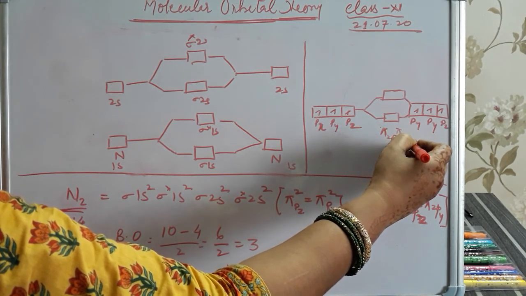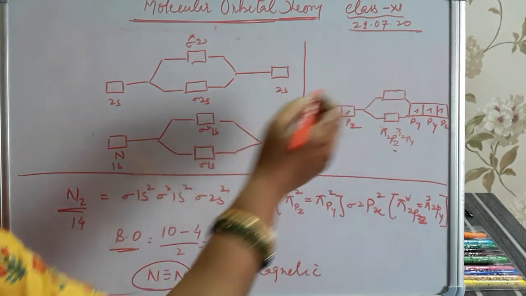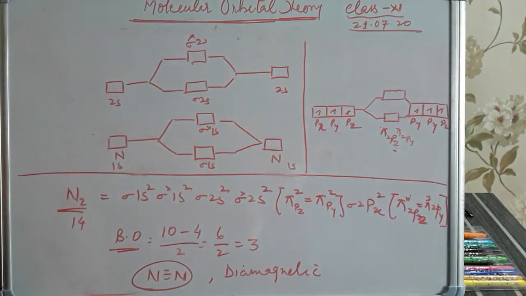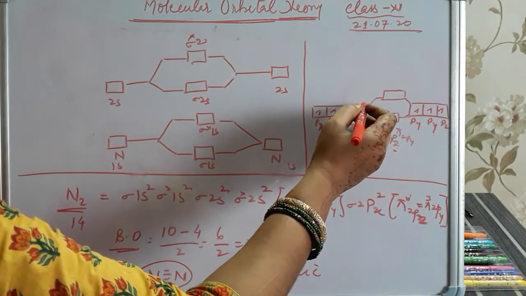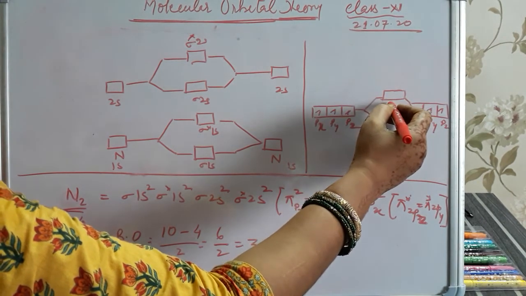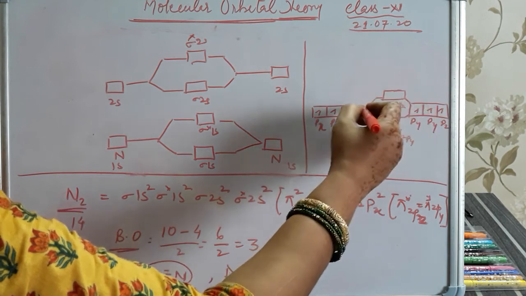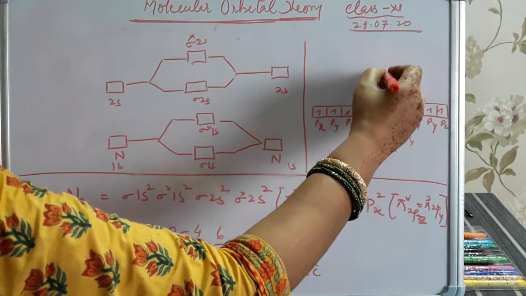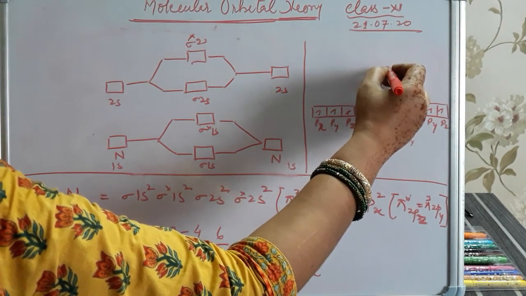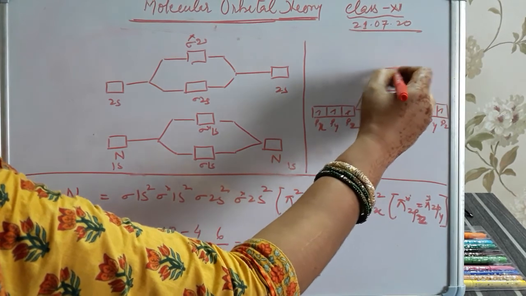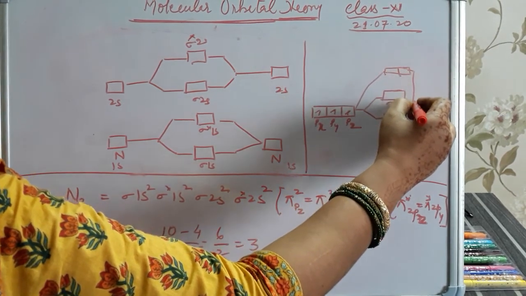And students, here will be formed sigma 2px. Sigma 2px first, and after that here the formation of anti-bonding takes place.